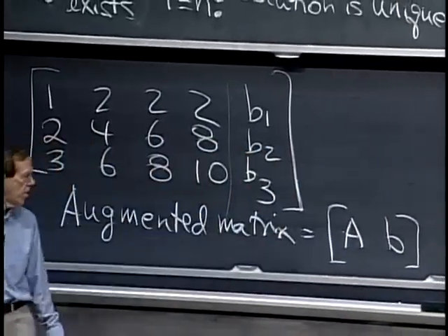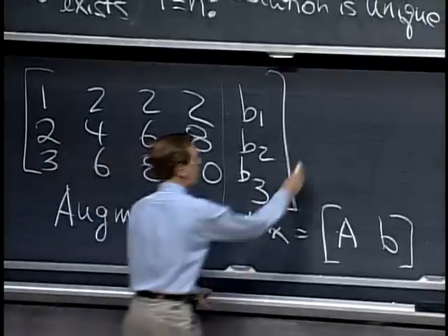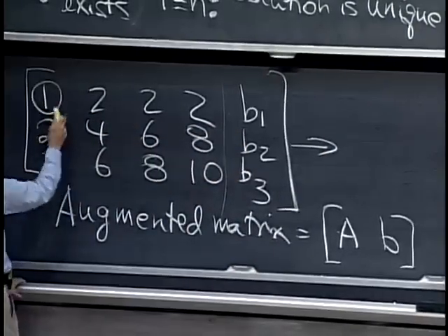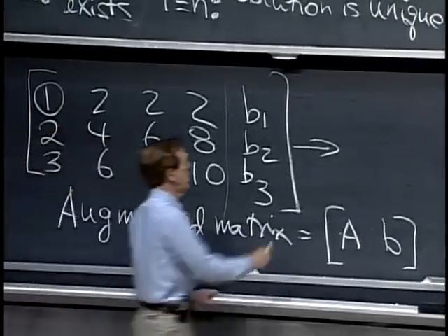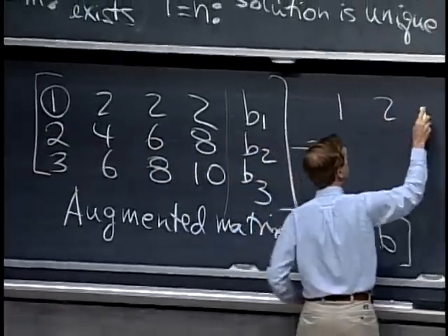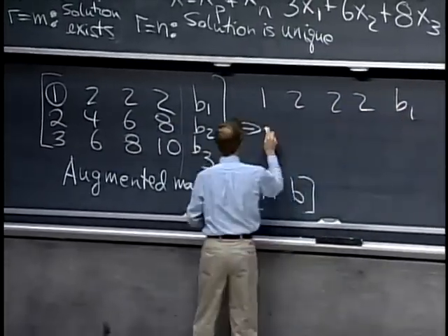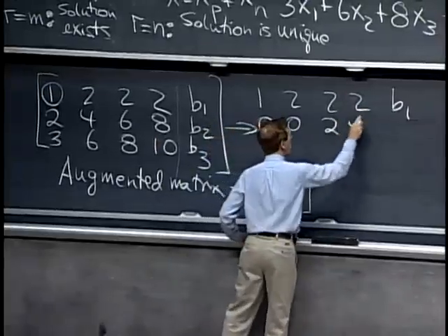In MATLAB, that's all you would need to type. Okay, so we do elimination on that. Can we just do elimination quickly? The first pivot is fine. I subtract 2 of this away from this, 3 of this away from this, so I have 1, 2, 2, 2, b1. 2 of those away will give me 0, 0, 2, and 4.